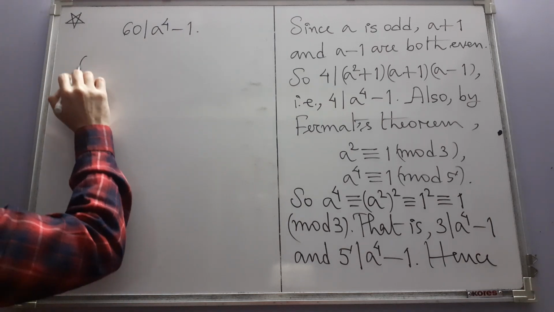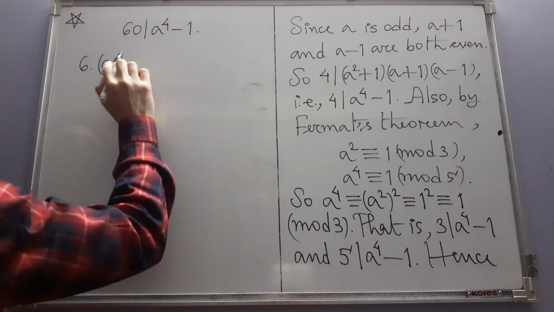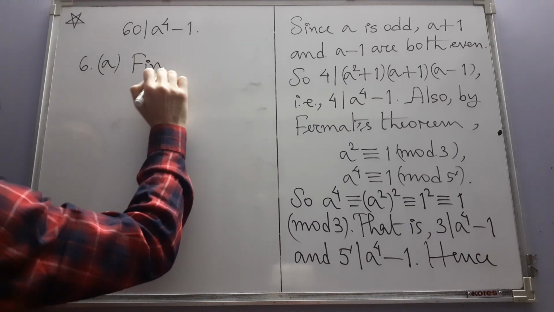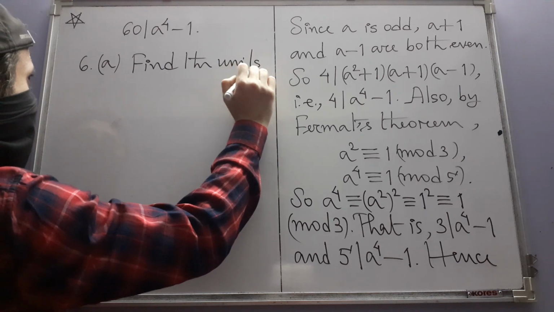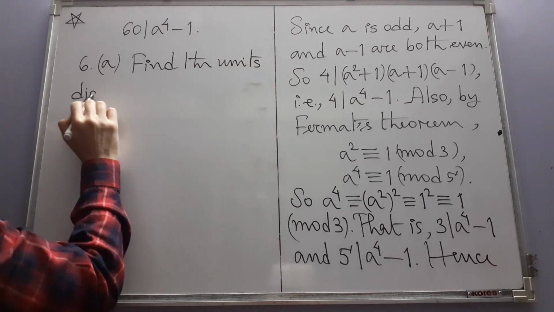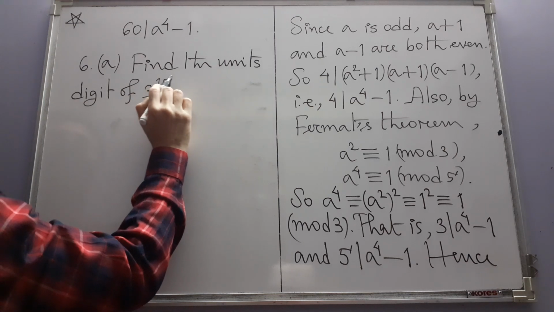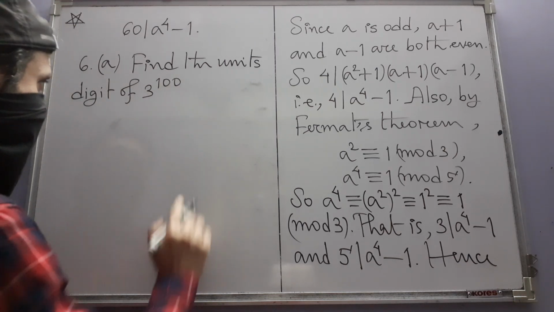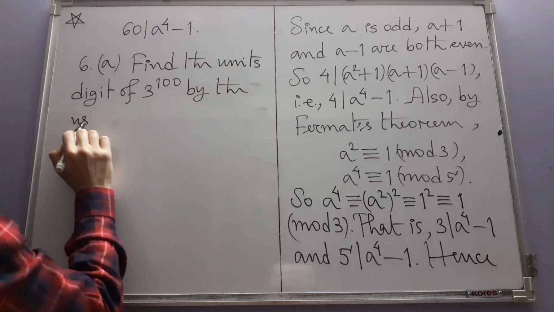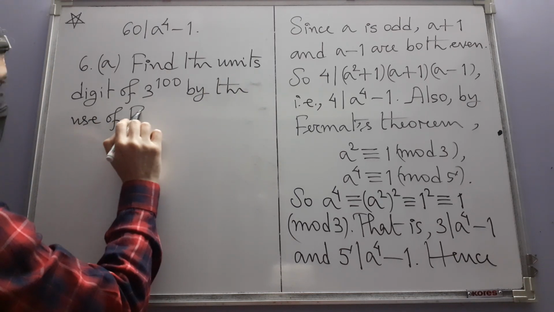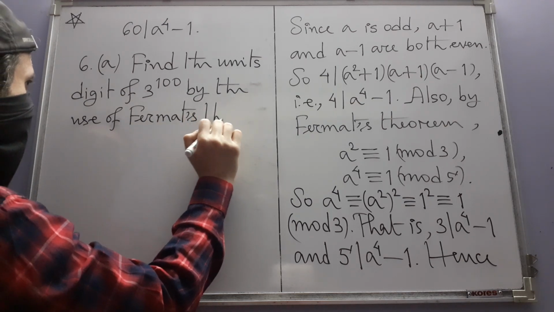Let us see this next one. Find the units digit of the number 3 to the power 100 by the use of Fermat's theorem.